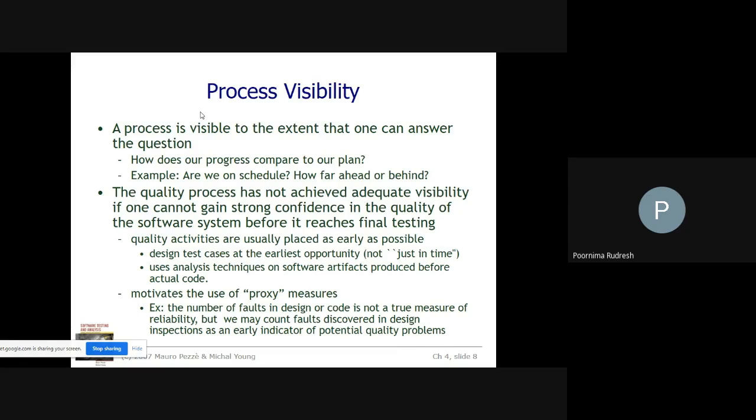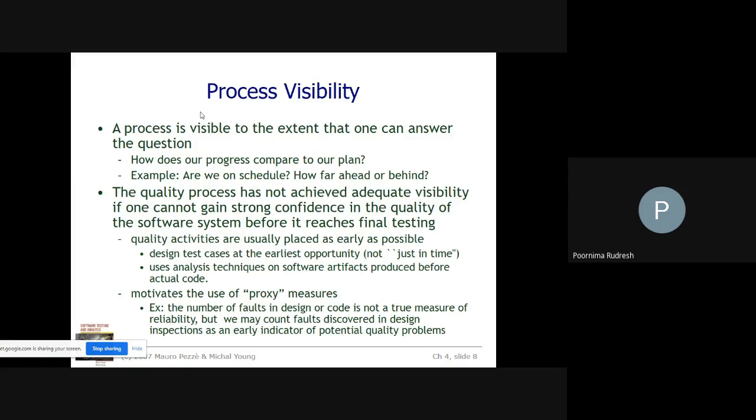So the test cases should be defined at the earlier stages itself. And the use of analysis techniques on software artifacts produced before the actual code motivates the use of proxy measures. For example, the number of faults in the design or code is not a true measure of reliability, because even if more faults exist, in some cases the system works better.